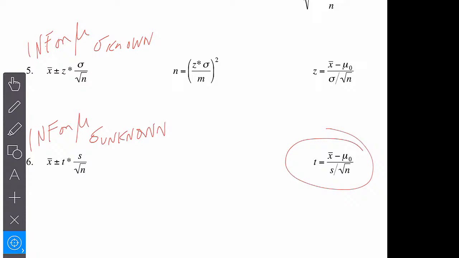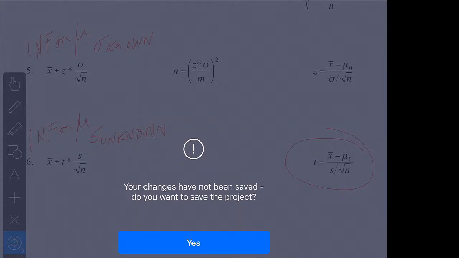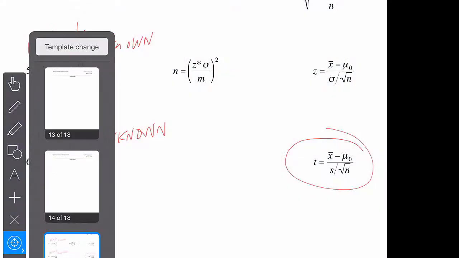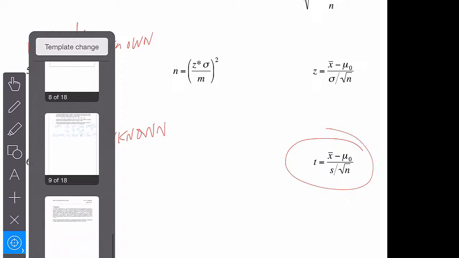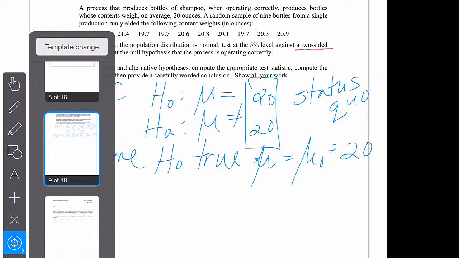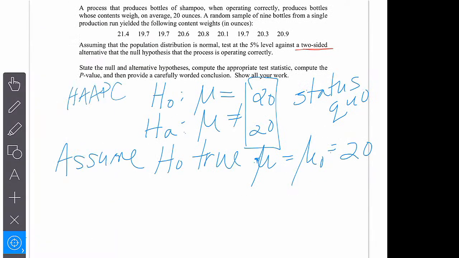But when I use that, I no longer get to use the normal distribution. I have to use this special distribution T, and I described how to use that in the videos as well. So I refer you to those videos, but I will solve the problem anyways.